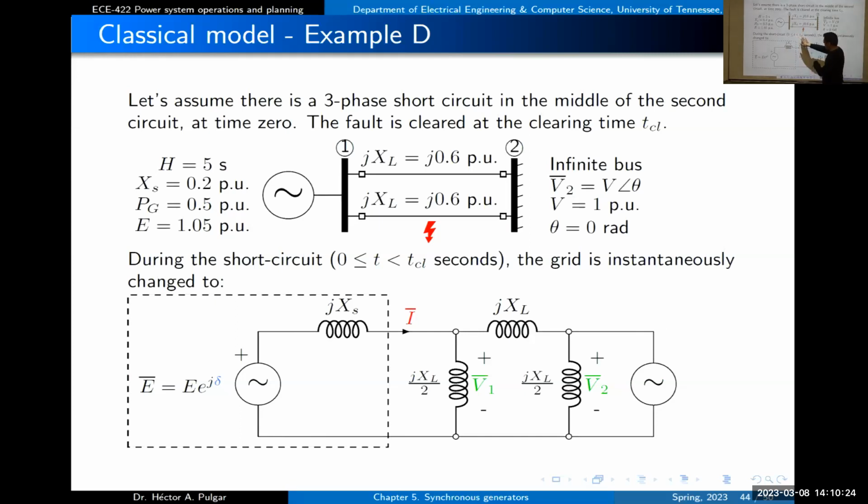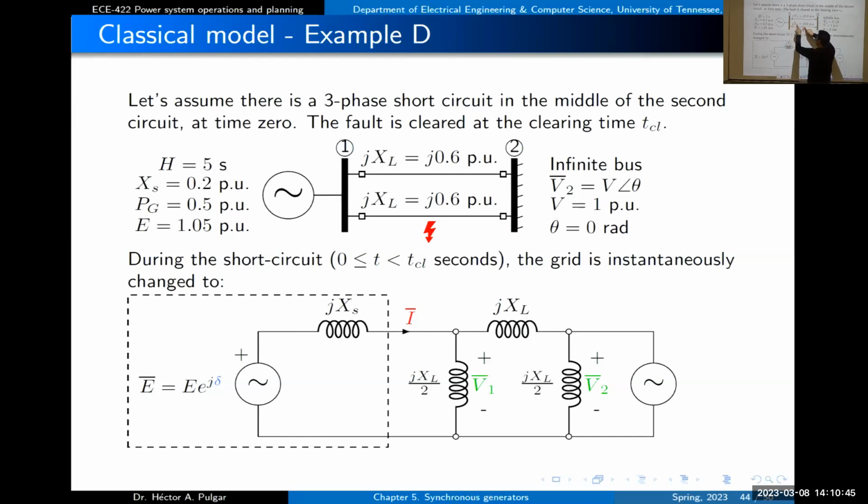We will play with this later. But between 0 and the clearing time, you will have that situation with a 3-phase short circuit in the middle of the second circuit of this line. If that is the case, the impedance that you have from bus 1 to the middle of the line is 0.3 per unit.